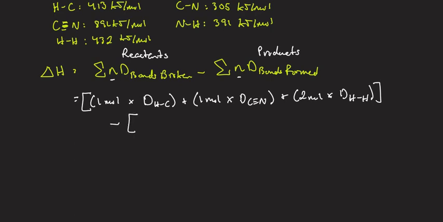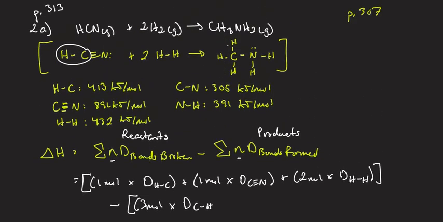We're going to subtract all the bonds formed. Here we have 3 moles of our carbon hydrogen bonds from that methyl part of the amine. So right here we have 1, 2, 3. And since we're here, we have 1 carbon nitrogen, and we have 1, 2 nitrogen hydrogen.